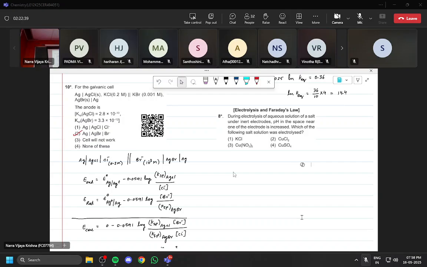Correct? Where solution becomes basic? KCl? If you take KCl aqueous, what happens? At cathode, H2 is gone. At anode, Cl2 is gone. What is left? KOH is formed, na? So solution becomes basic.